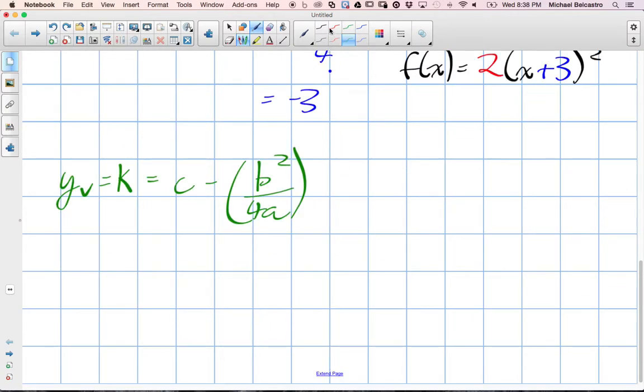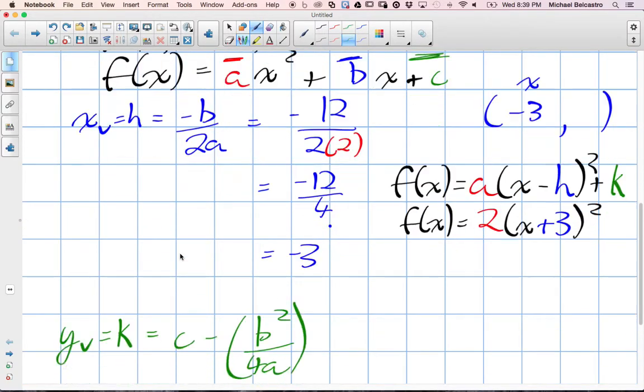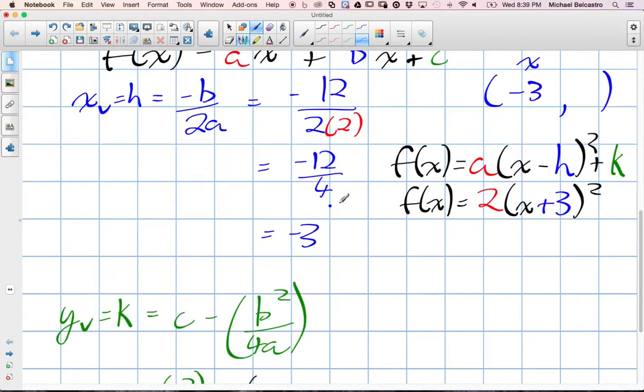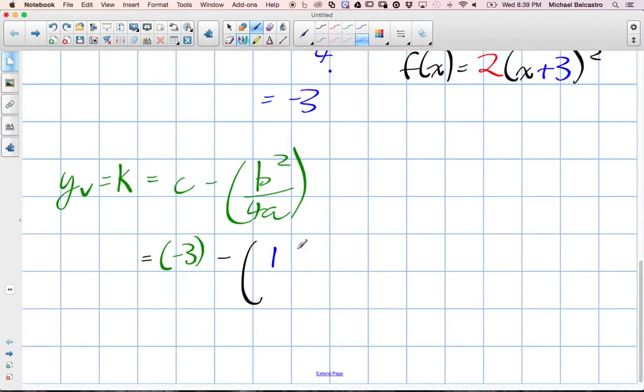Our c value was negative 3, minus the b value, which was positive 12, squared, divided by 4 times the a value, which is 2.